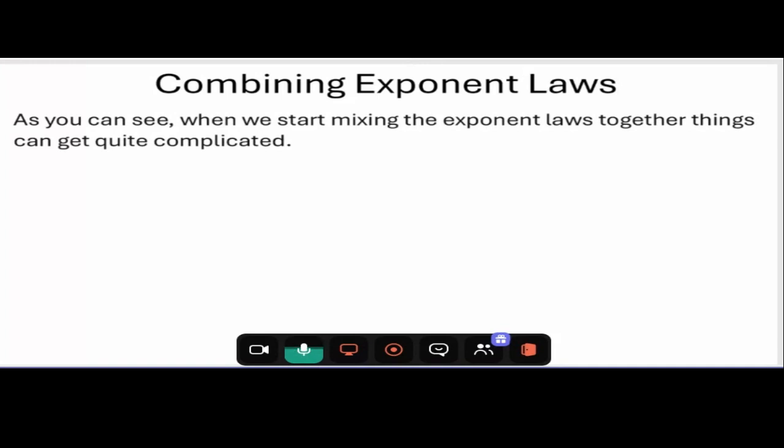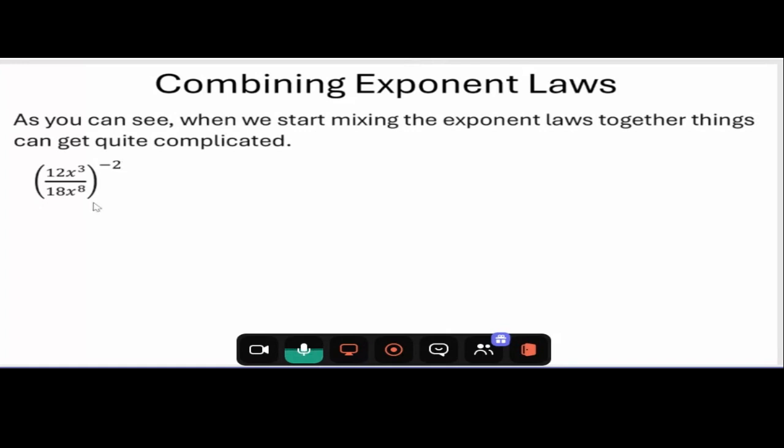Just seeing me demonstrate each of these rules helps you understand the rules, but then you need to practice applying them. So we're just going to do one more complicated example just so you get the idea of what can happen. But again, we can't go through every possible scenario. So here I have a fraction raised to a negative exponent.